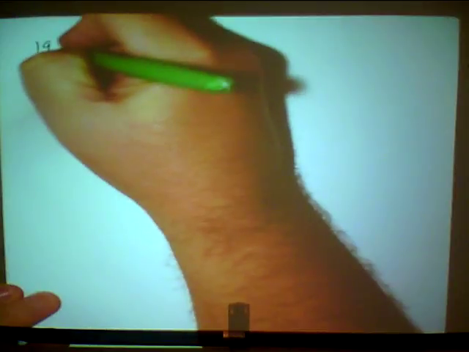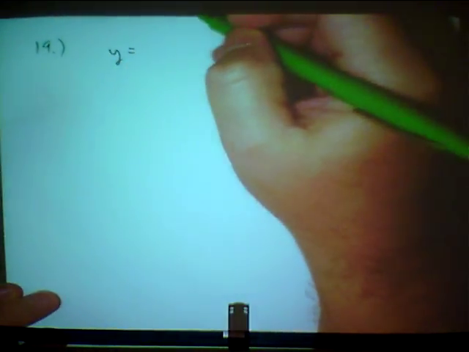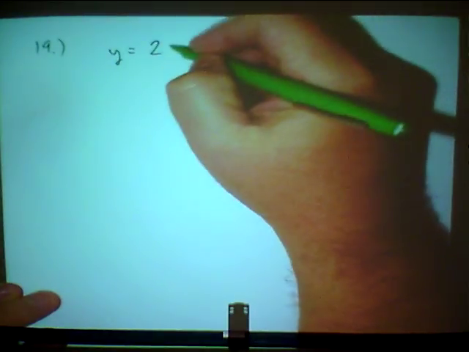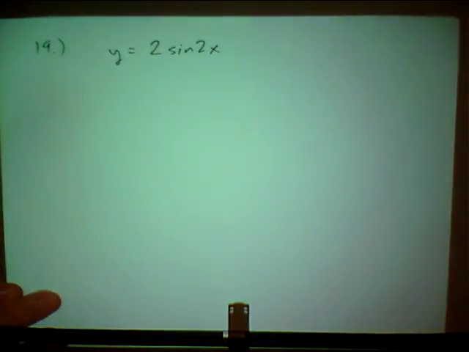It says find the amplitude, period, and phase shift and sketch the graph. So here's my equation. Y equals 2 sine of 2x.